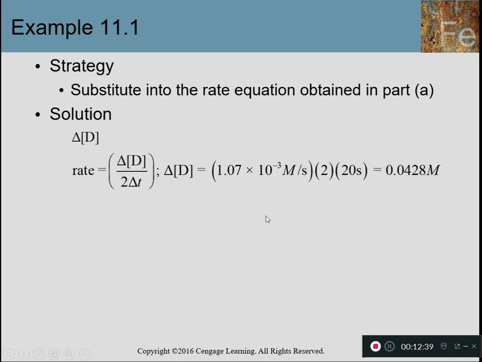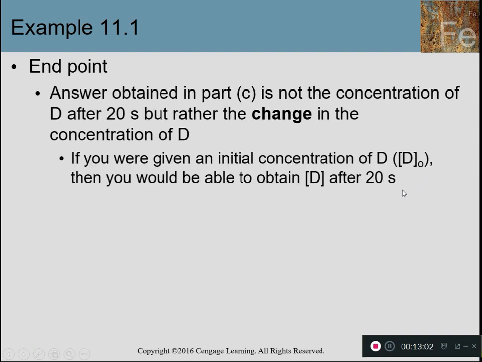So delta D, again, take the same rate expression here, and we're going to just solve for delta D. So it's going to be rate times 2 times change in time. So rate, get from the previous example, times 2 times 20 seconds. The concentration of D is going to increase by 0.0428 molar over those first 20 seconds.